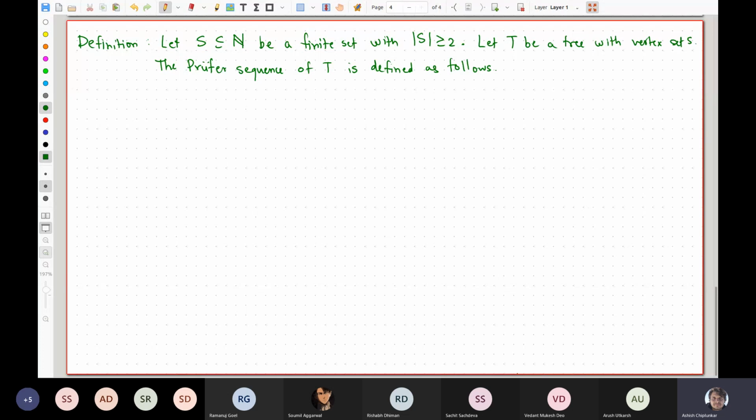This is an inductive definition, unlike an inductive proof. Shrimanti, I'll come to you. Let me finish this definition and then I'll come to you. So how is this defined? If size of S is equal to 2, then the Prufer sequence is the empty sequence.